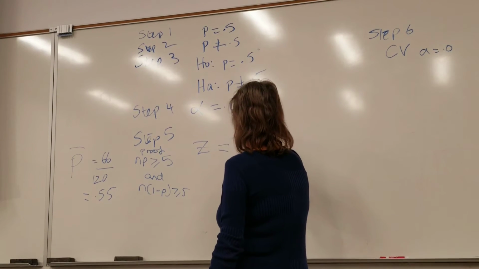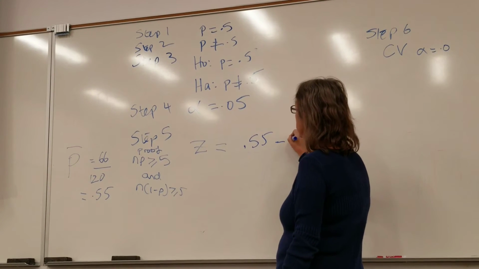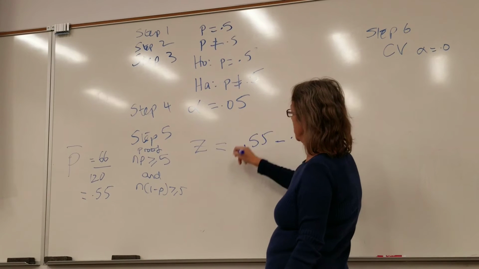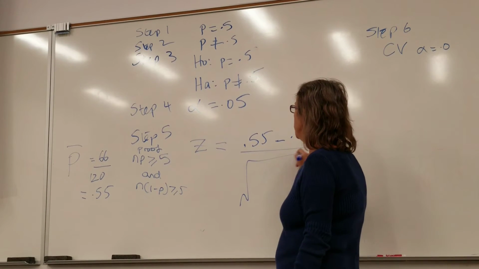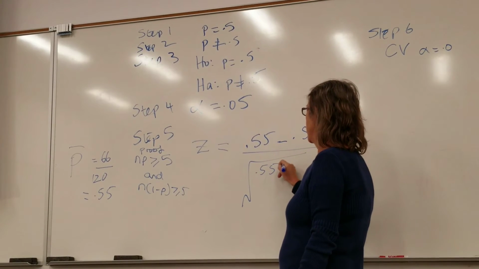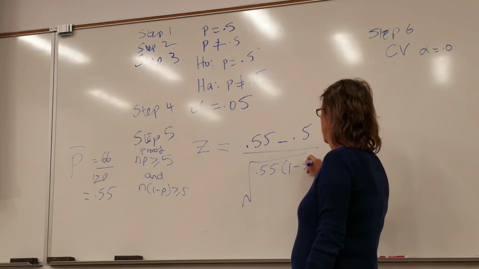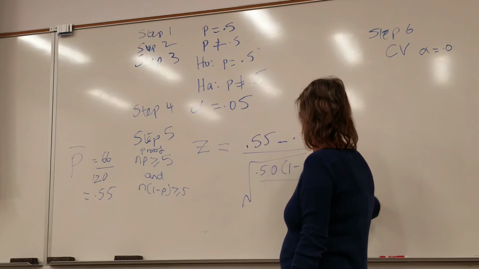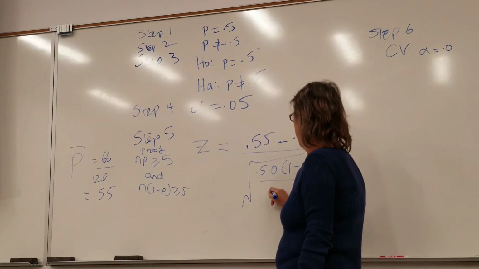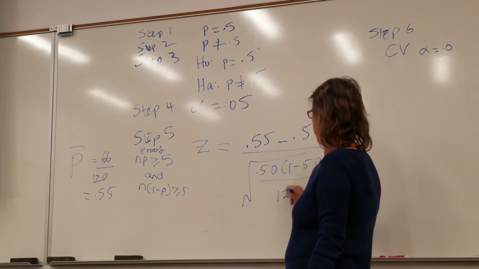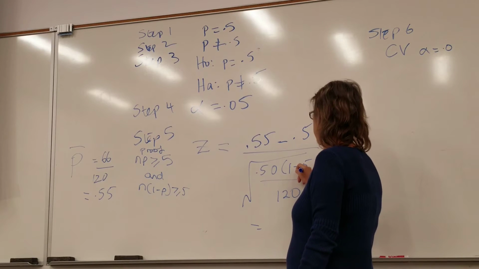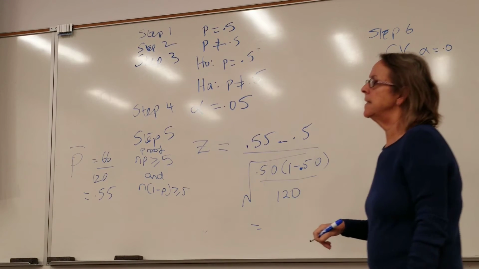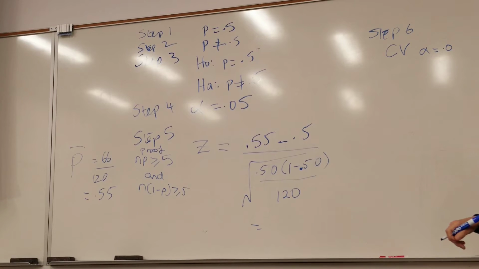So you do 0.55 minus the hypothesized proportion divided by the standard error. N is 120. What is that z-score?